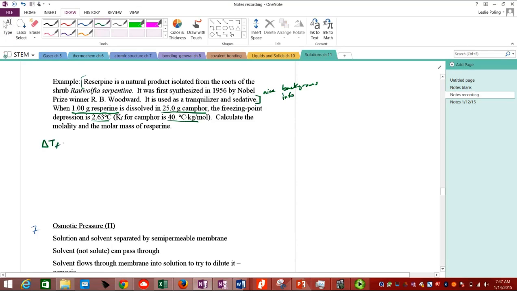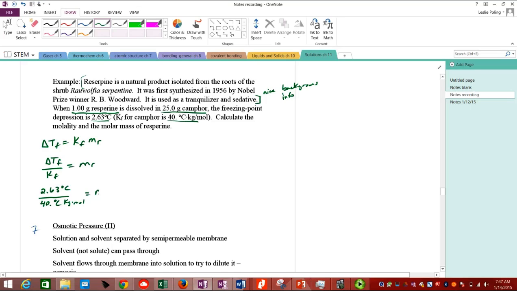So delta T_f equals K_f times the molality. I'm just going to use a subscript R for the reserpine. Okay? So delta T_f divided by K_f is going to give us our molality. So we have 2.63 degrees Celsius divided by 40 degrees Celsius kilograms per mole.